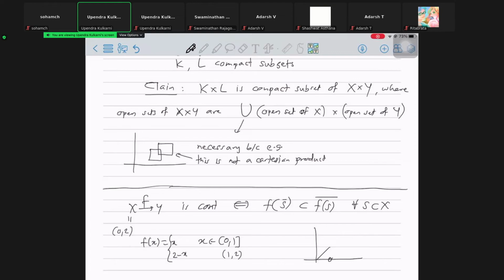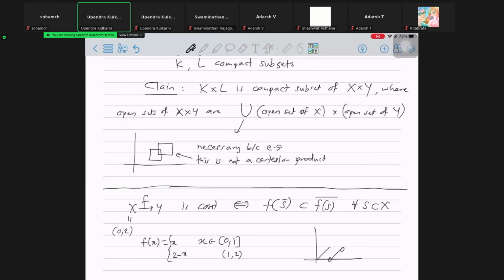Oh, I think this will also work, or I think this is also a counterexample. No, the point is, do you want the function to be continuous or not? No, I don't want the function to be continuous. Okay, so the earlier one was continuous. Yes, sir.